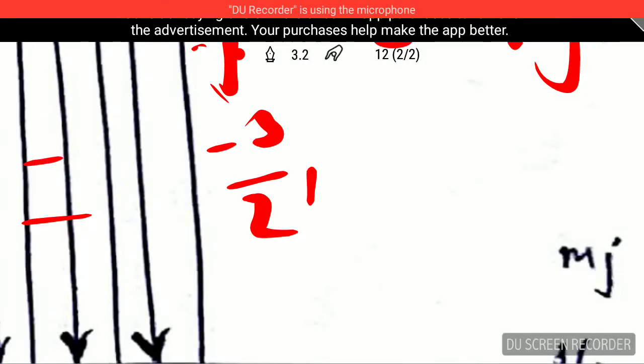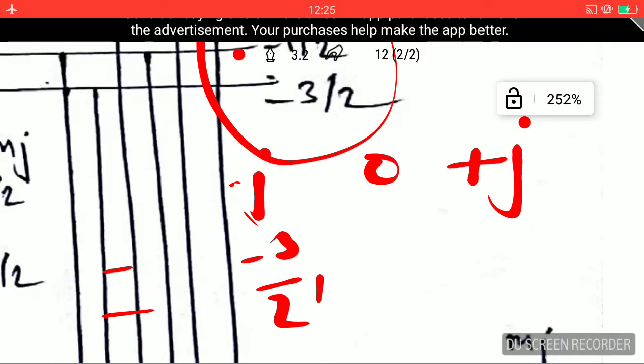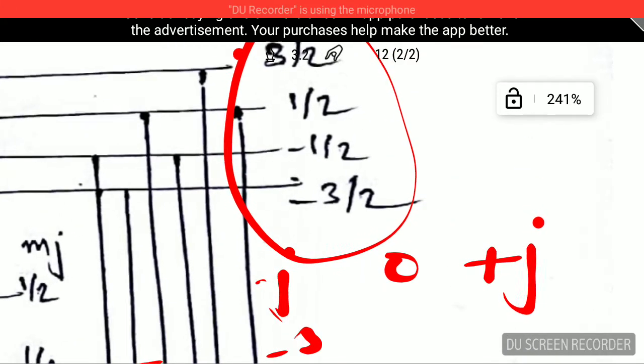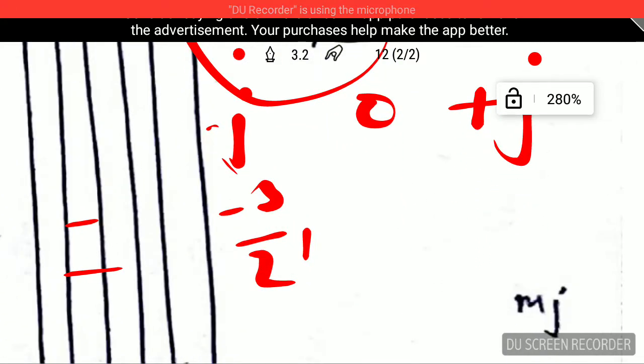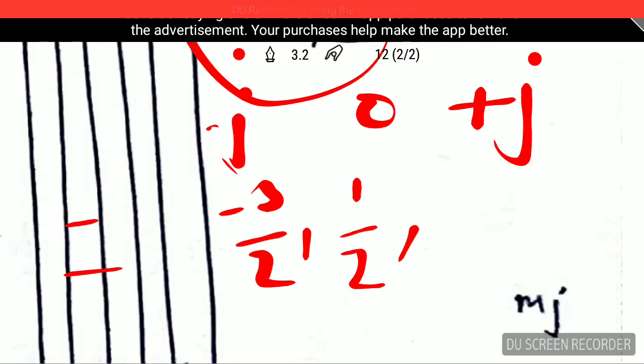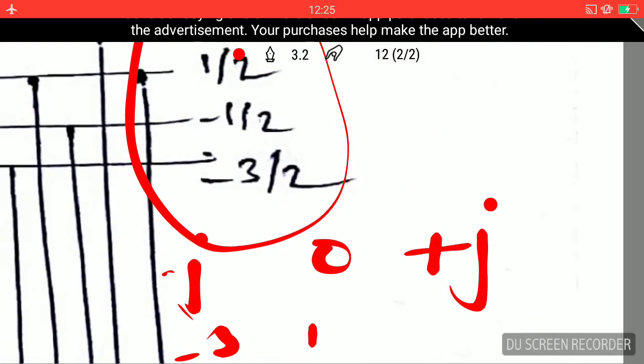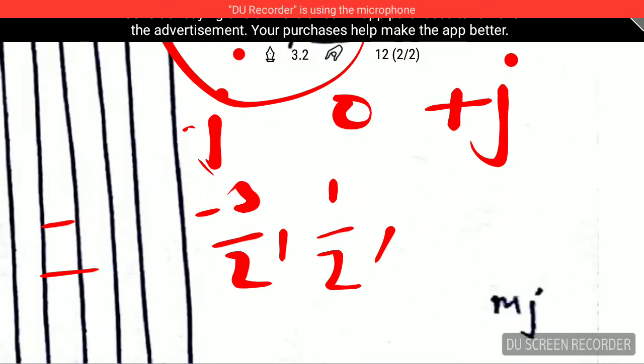minus 3 by 2. Then what you have to do is just add 1 to this, and that will give you minus 1 by 2.